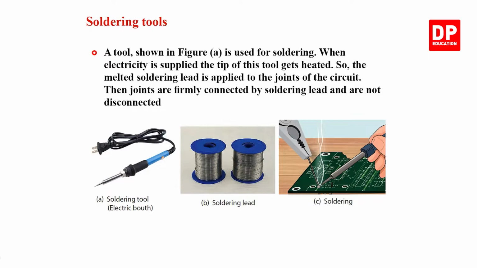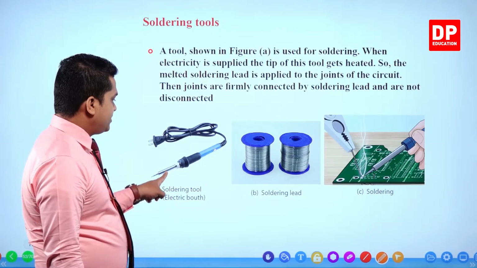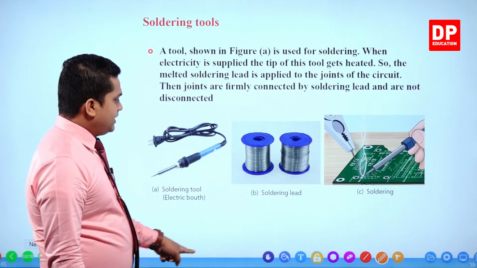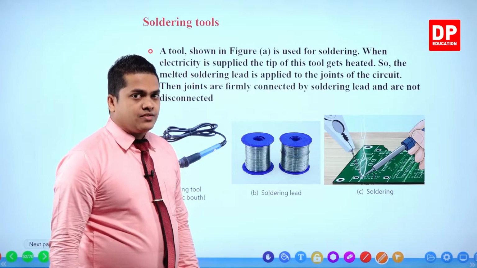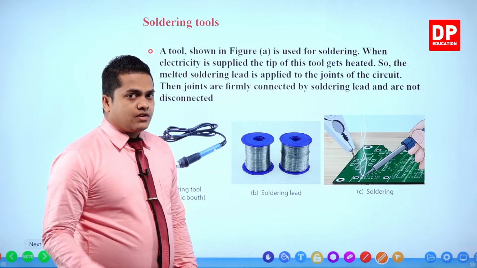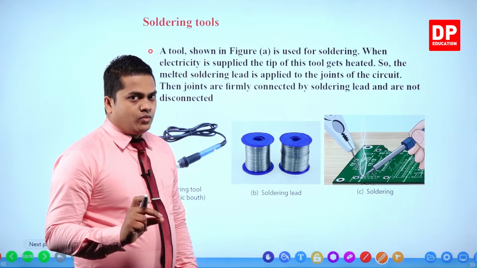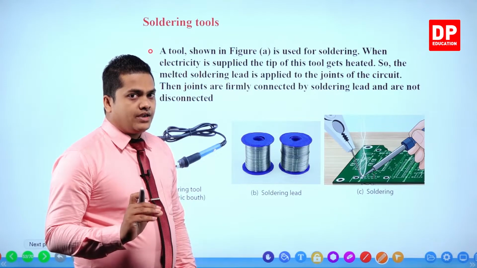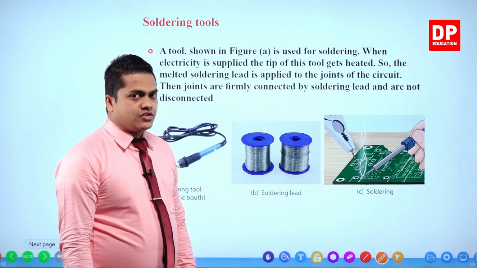In this figure, you can observe the soldering tool, which is called the electric bulb. Then the soldering lead, which is available as strings, somewhat thicker ones and somewhat thinner ones. Thicker ones have a high cross-sectional area, thinner ones have a lesser cross-sectional area.